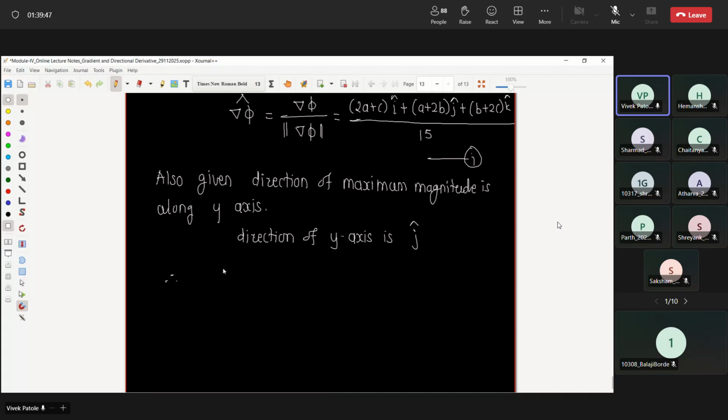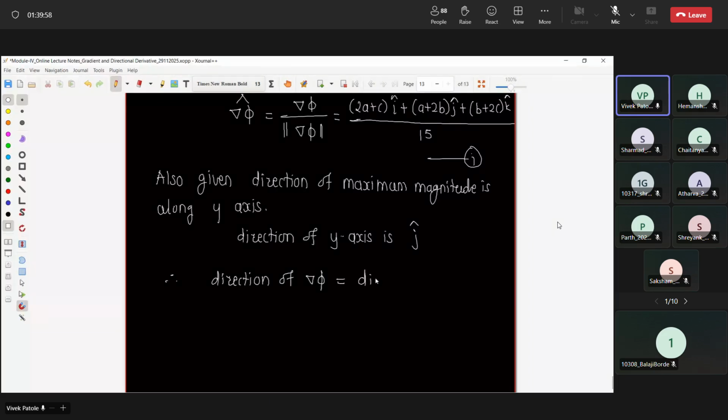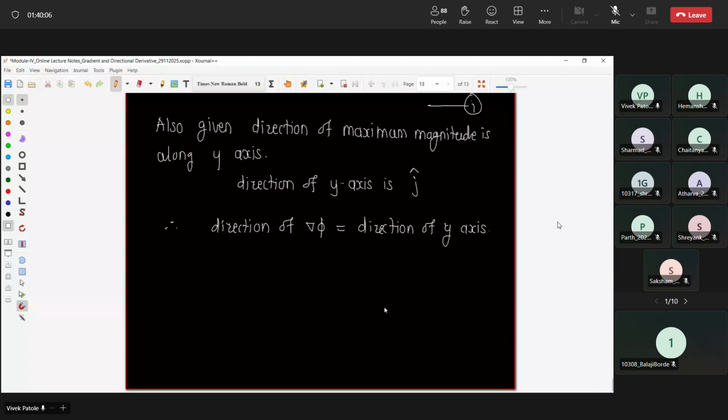So what do we have? The direction of del phi, so they must be parallel. Therefore, the direction of del phi must be equal to the direction of the y-axis. They must be the same. Do you agree with this? Yes, sir. Okay, so what do we have? Del phi cap must be equal to j cap.